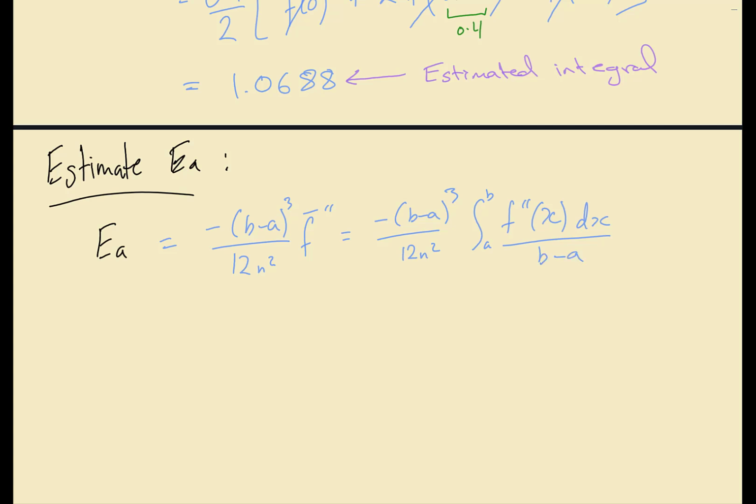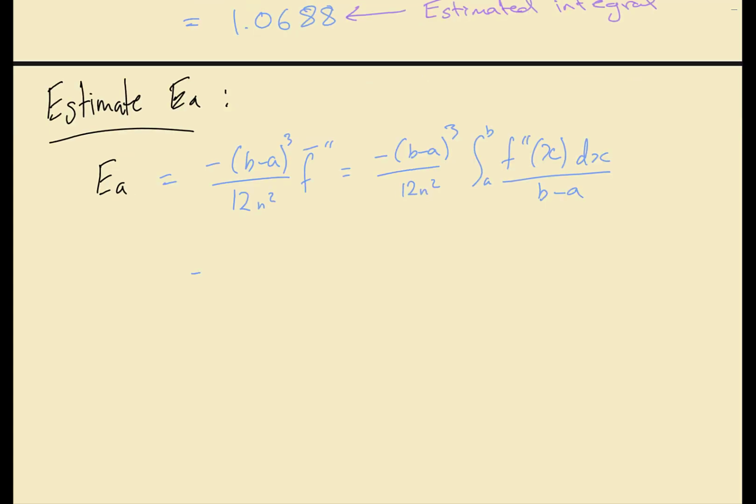In this specific case, we have the function, so I can easily integrate its second derivative to the first derivative. So this is basically equal to b minus a cubed divided by 12n squared times f prime at b minus f prime at a, divided by b minus a.